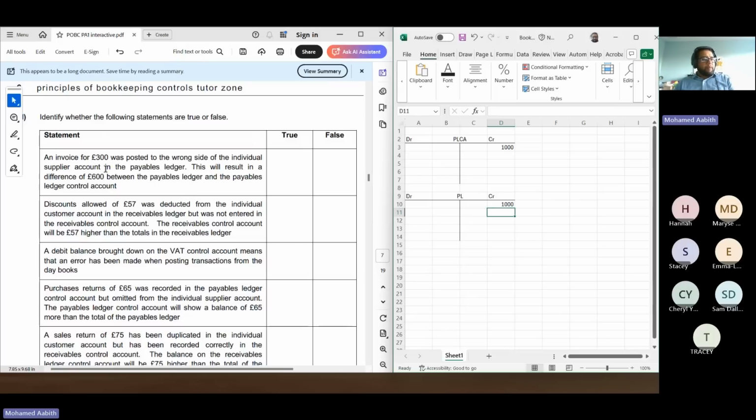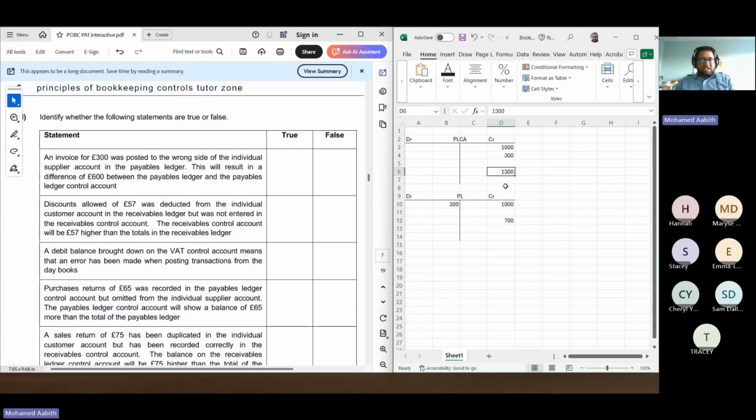An invoice for £300 was posted to the wrong side of the individual supplier account on the payable ledger. So here, normally when I have a balance, I will do 300 here and 300 here. This is how I would do it. Instead of doing it here, we've done it £300 now. So the balance of this account is 1,300. And the balance of this account is 700.